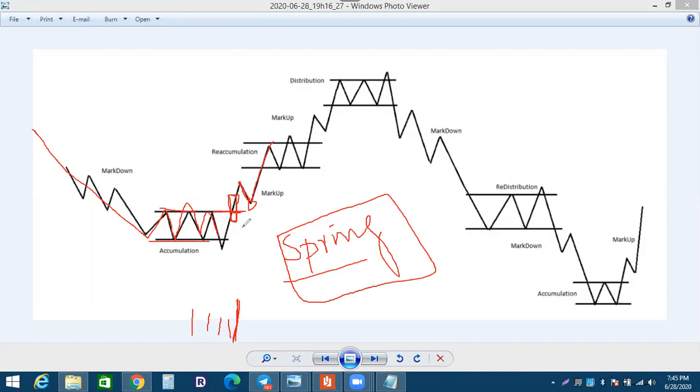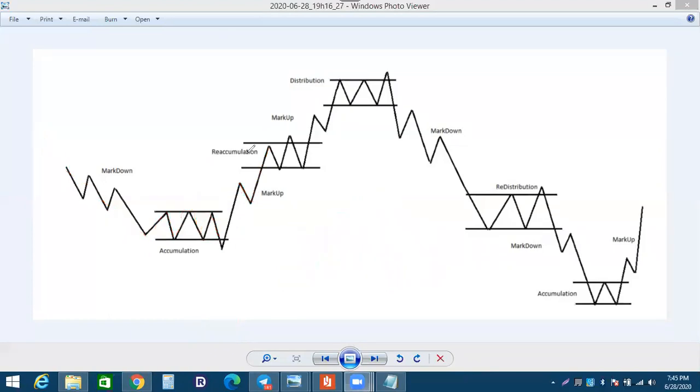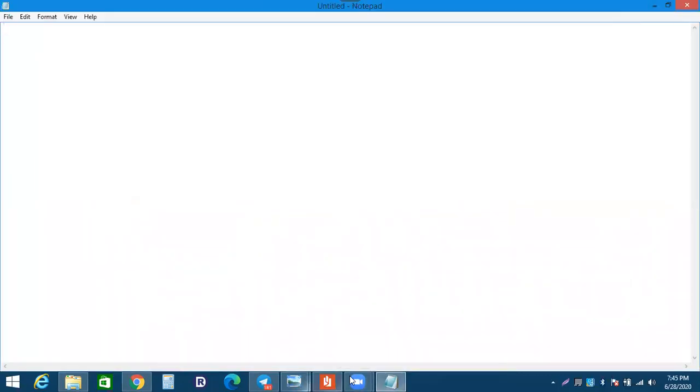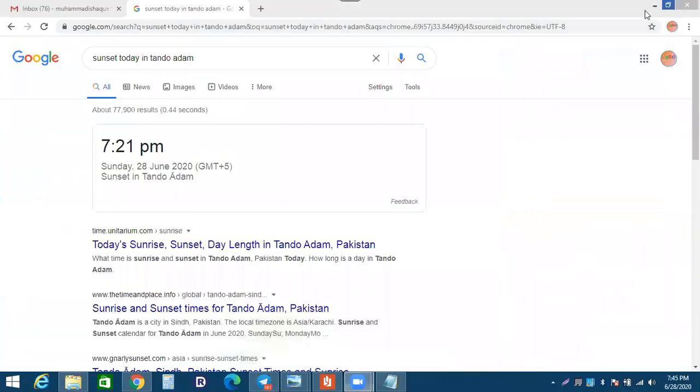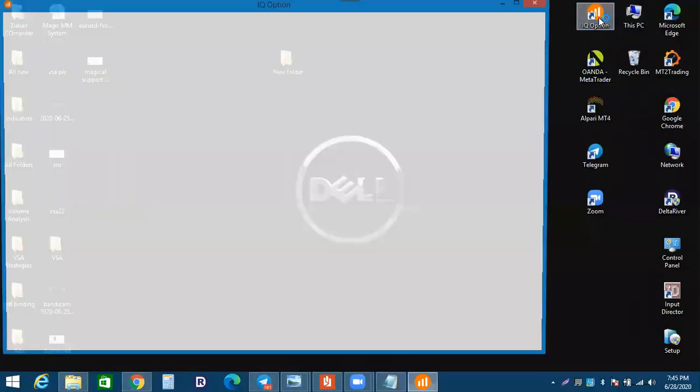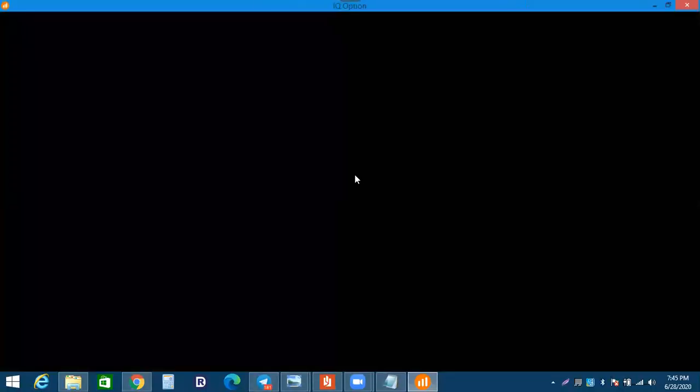So this first candle, we will search on the chart whether it is working or not working: the buying climax start. How can we recognize that it is the buying climax start? Now the trend will change direction.